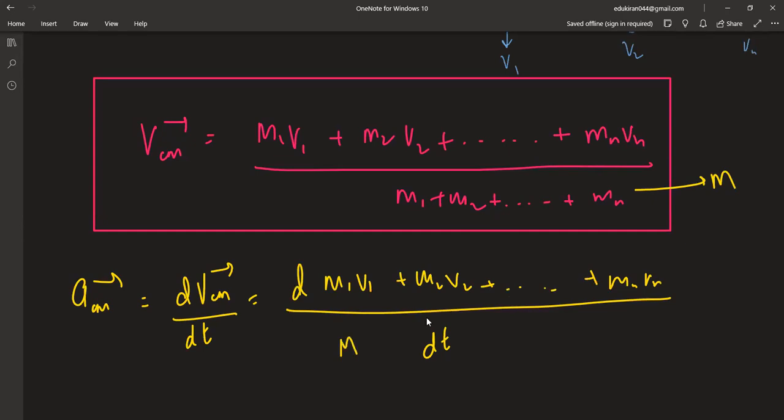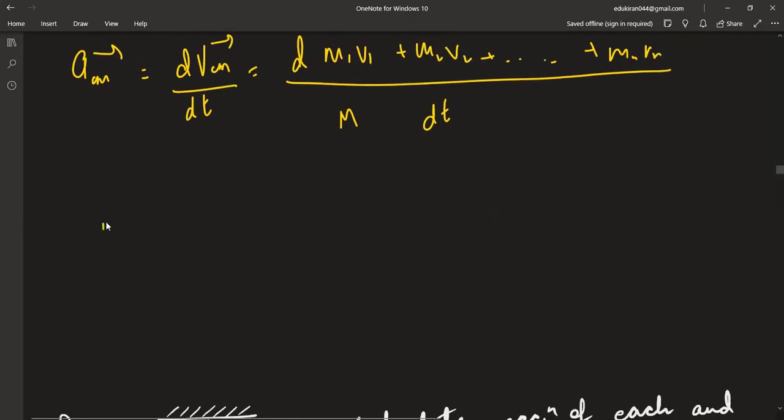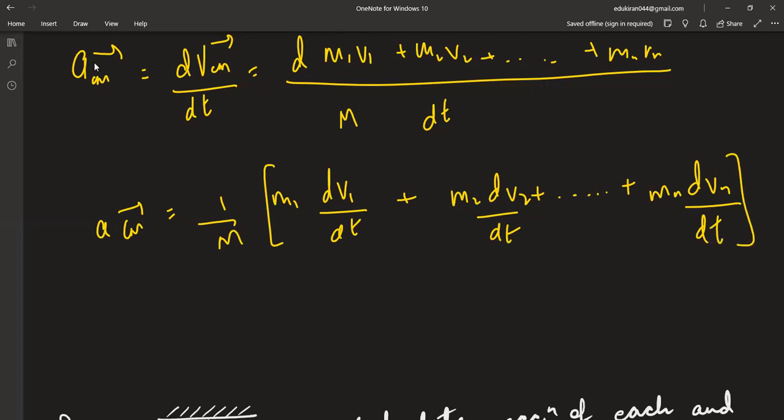When you differentiate, again the same thing occurs: 1 by m will be there, m1 is constant, we are left with dv1 over dt, plus m2 dv2 over dt, up till mn dvn over dt.